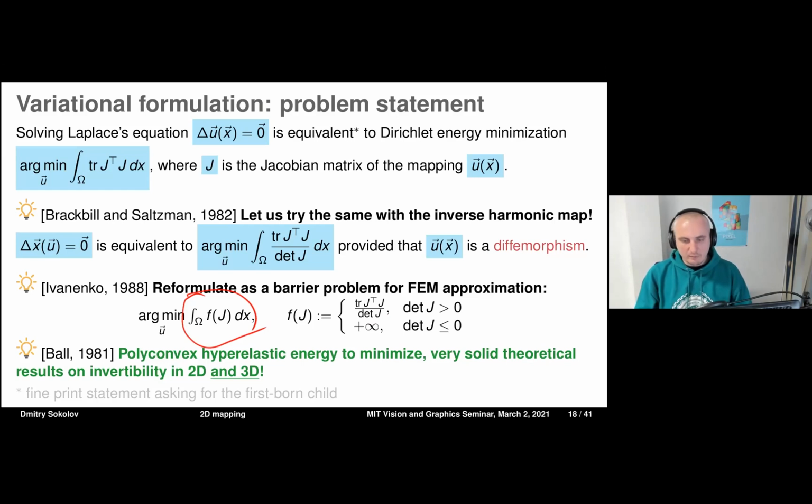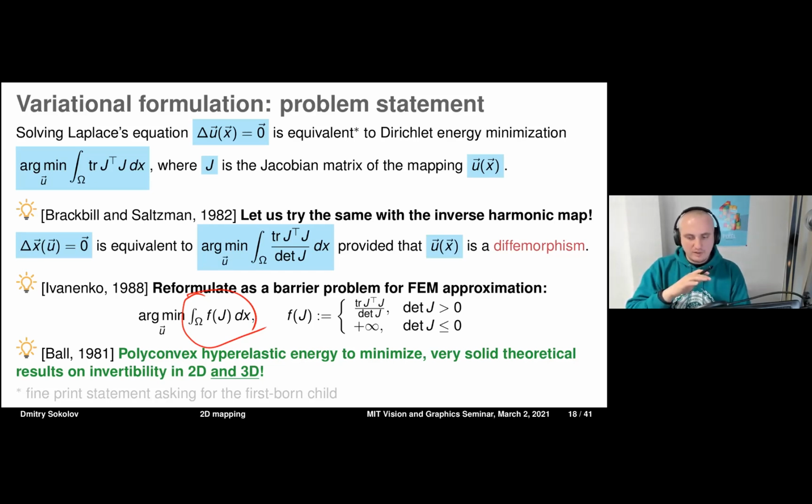The problem, however, is that we do not have any practical way to minimize this function if we do not have a valid initialization in an untangled mesh. So our contribution is an actual algorithm that allows us to solve for this equation without having a very good initialization.